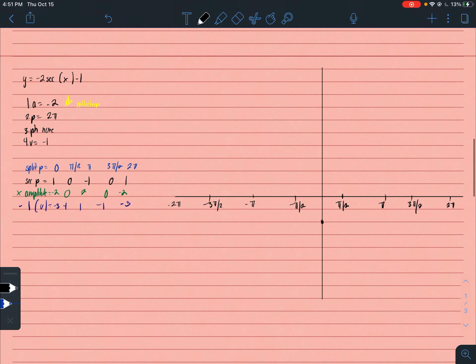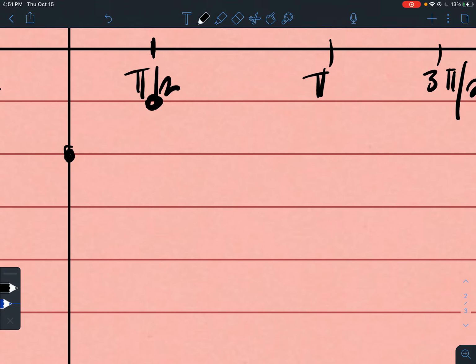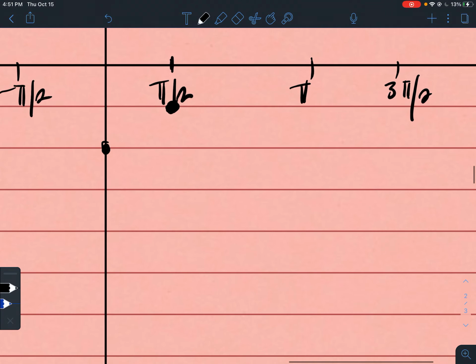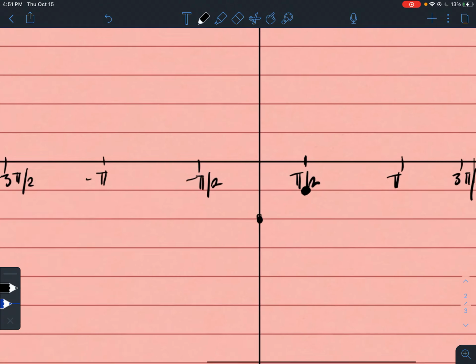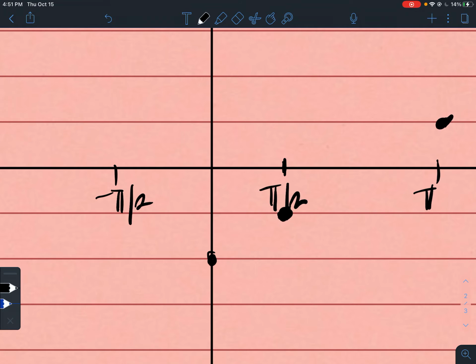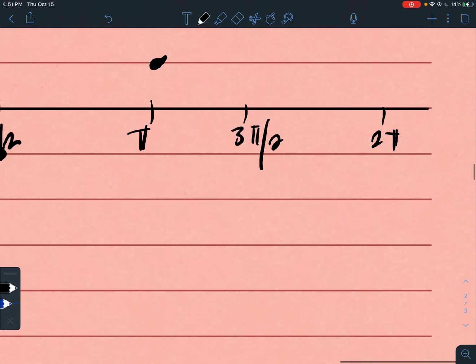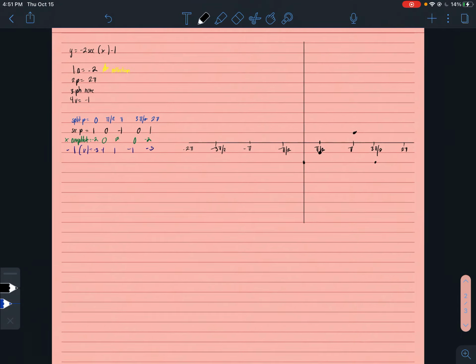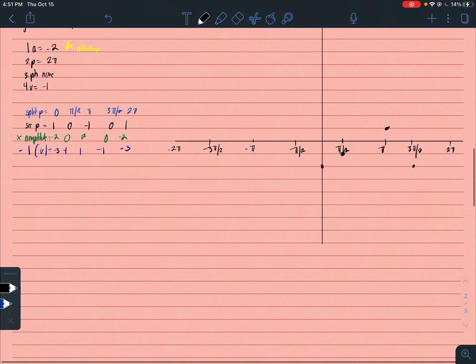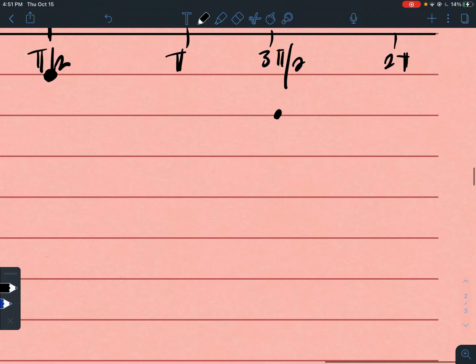Next, you notice that pi over 2 is -1. So you put a -1 spot here. And that pi is 1, so you can put a spot here. That 3 pi over 2 is -1. And that 2 pi is -3.